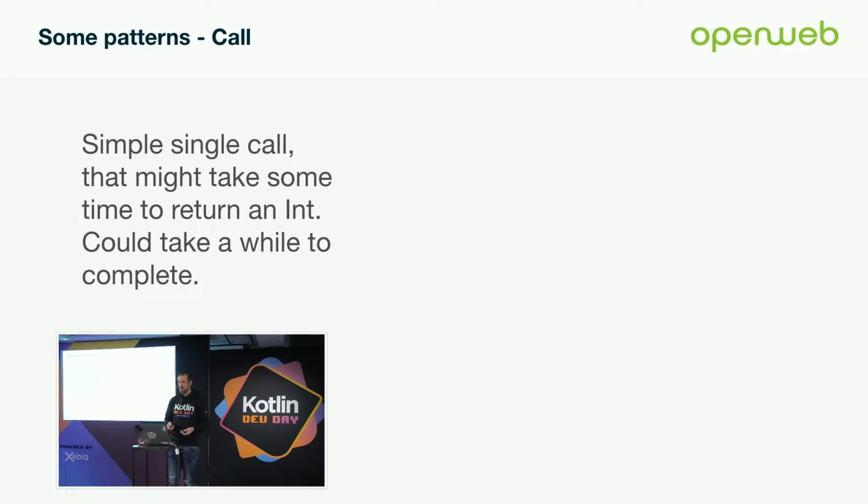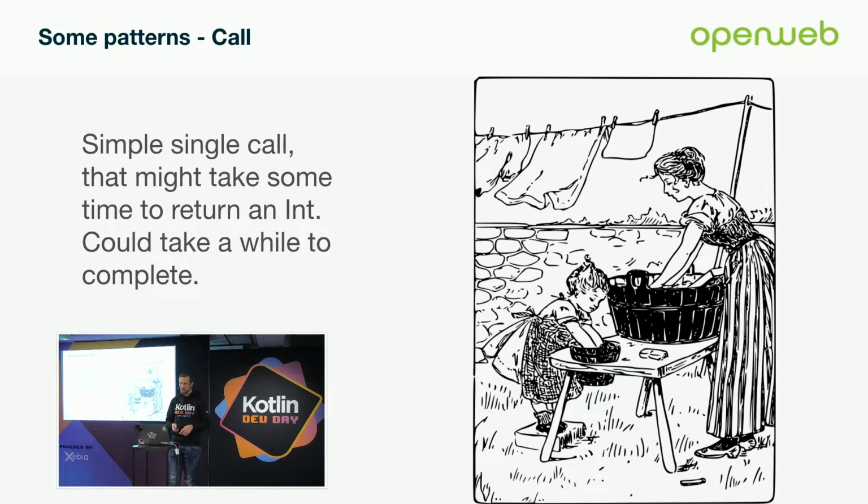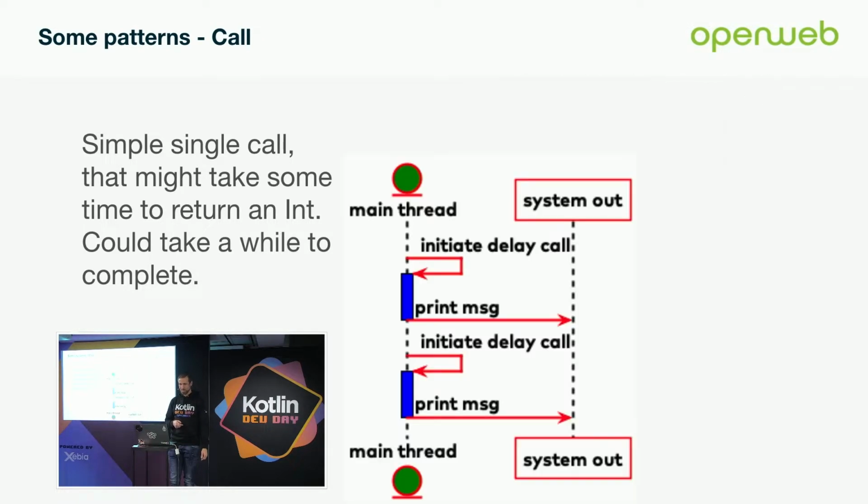And there's not really a way with coroutines around this, because it's just a single call. If we use the analogy of the washing machine, it's like doing the wash yourself, because you can't run away from it. You really have to do the work yourself and wait till it's done, and then you can hang it out to dry.